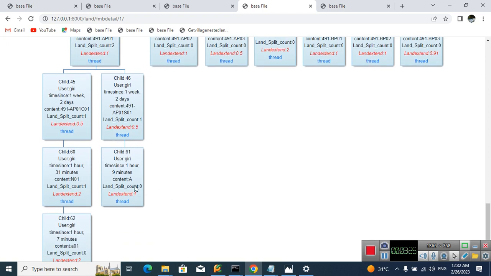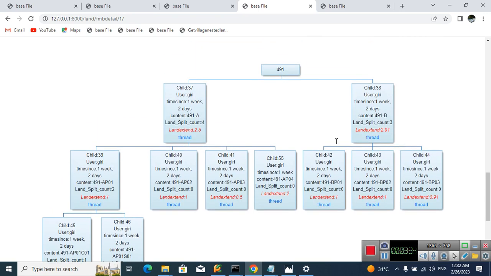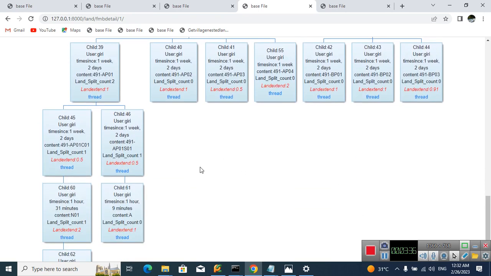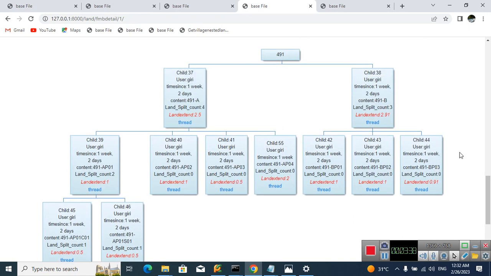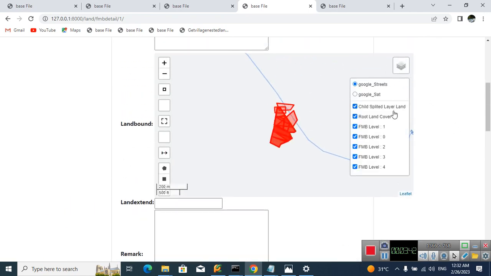Again we go up. This is countable, and this is countable. These leaves are countable. In such a way, how many levels in total: one, two, three, four, five levels are considered. Based on the partition information, we get a total of five partitions.